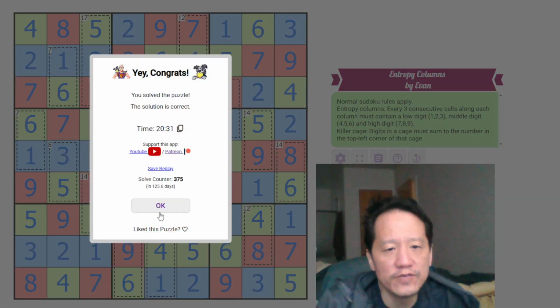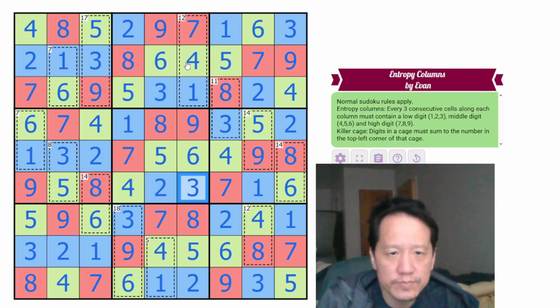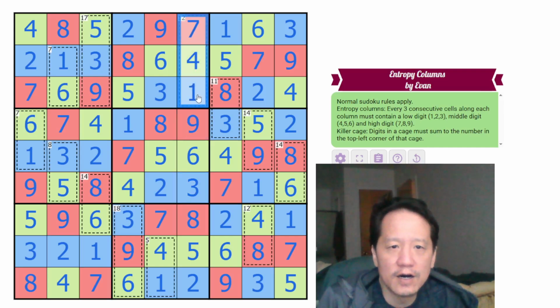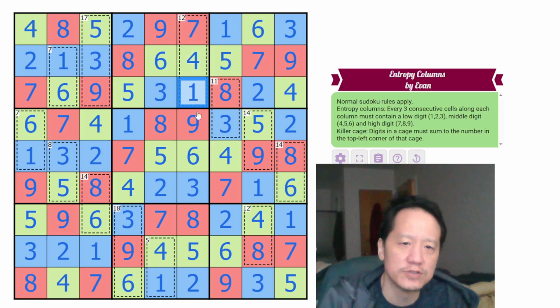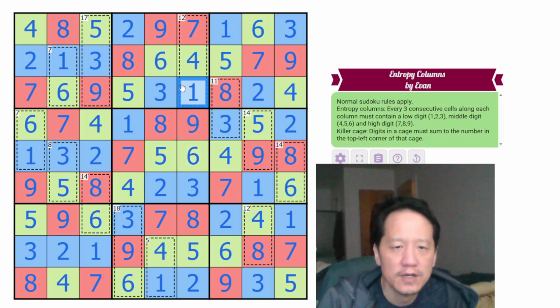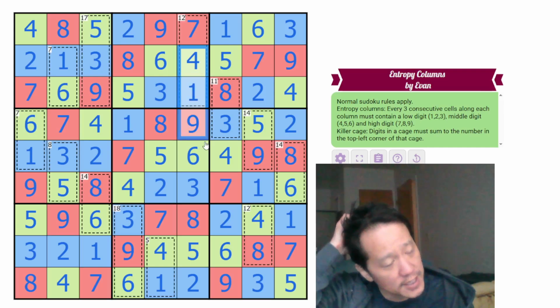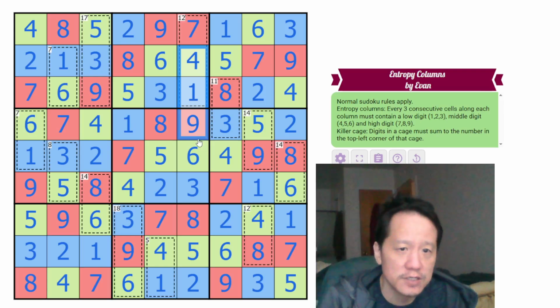And that's how you solve it. Oftentimes you'll have entropy very similar to this, right? So oftentimes in entropy, usually you have entropic lines, which are not necessarily strictly limited to the column, right? But in that, you'll often have 3 cells which must contain a low, a middle, and a high digit.